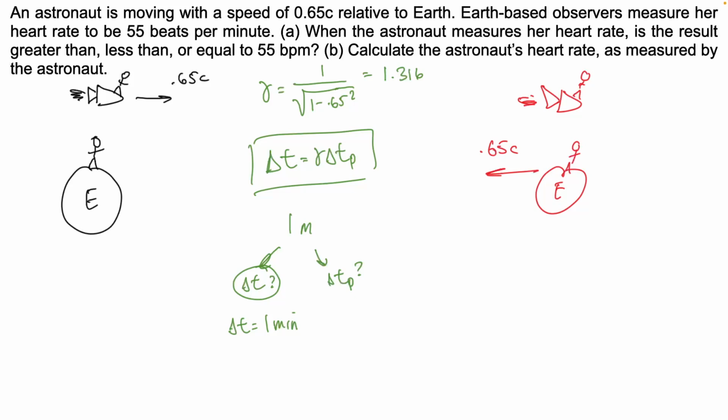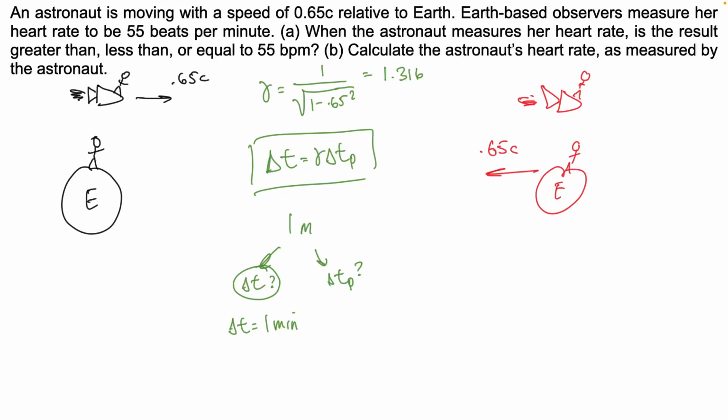Since the heart is in the astronaut's chest, and it's not moving relative to the astronaut, and the astronaut times 1 minute, and those beats go by, they always happen at exactly the same place, the astronaut should be measuring proper time.